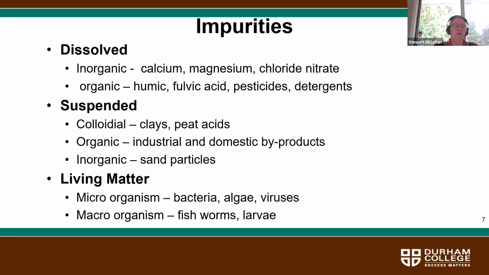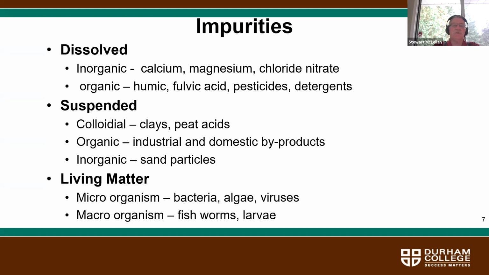Okay, impurities in water. You can get dissolved impurities. The inorganic ones: calcium, manganese, chloride, nitrite. The organic: humic and fulvic acid, pesticides, detergents. So those are just some examples of dissolved impurities.